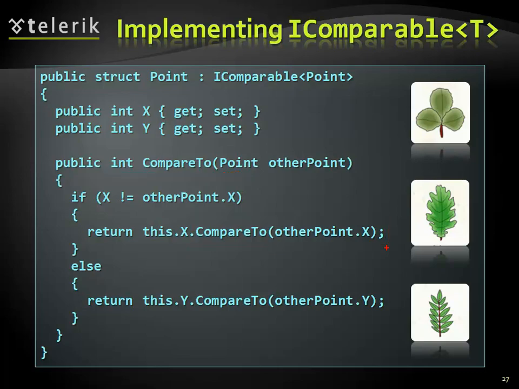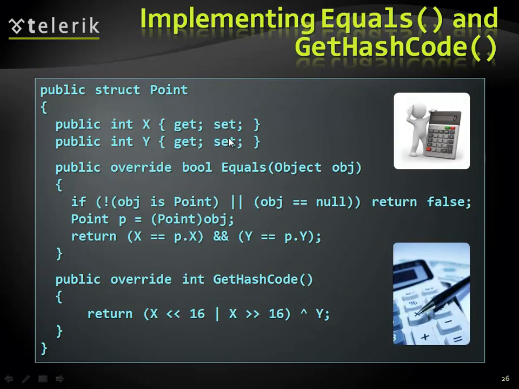Not like here. Here, equals doesn't use the integer equals. This thing should say x dot equals p dot x and y dot equals p dot y, like this.